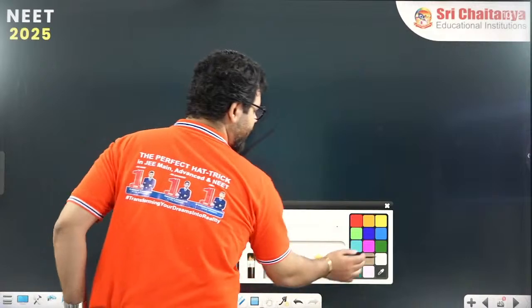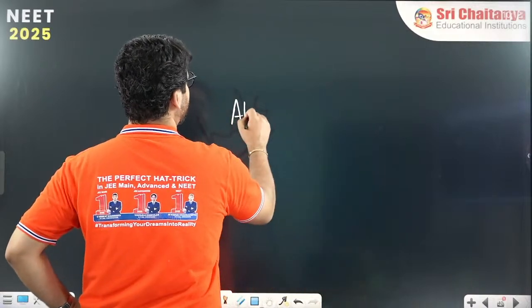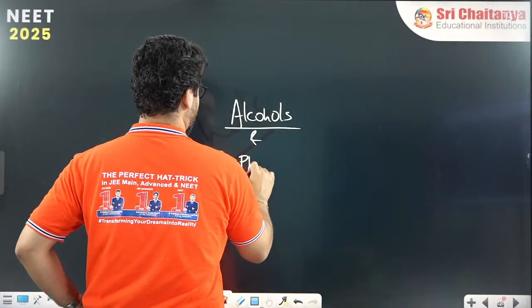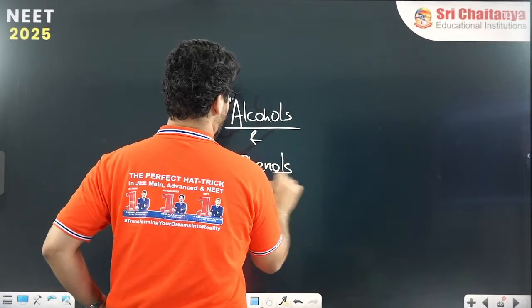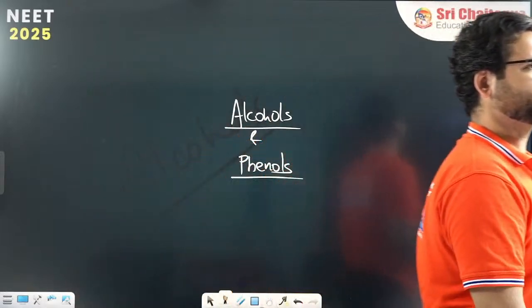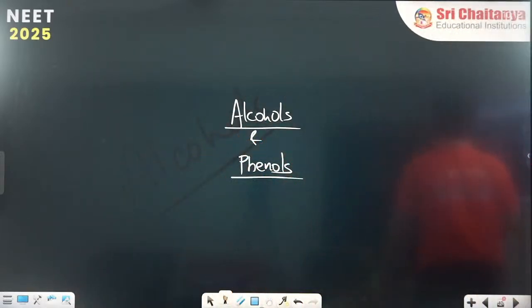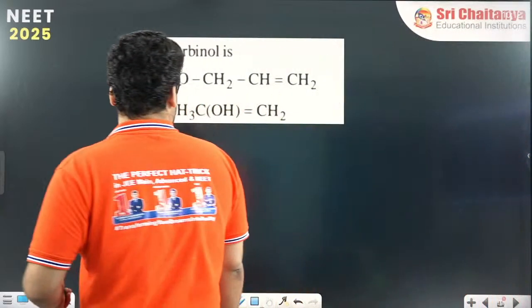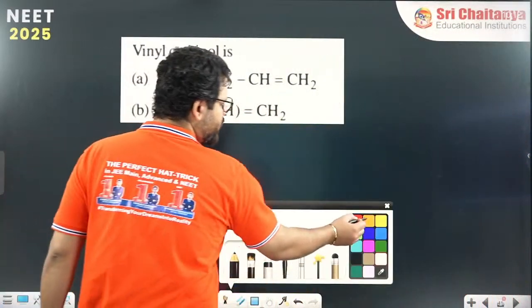Next, we'll talk about the alcohols chapter. Alcohols and phenols. Which is a vinyl carbinol?